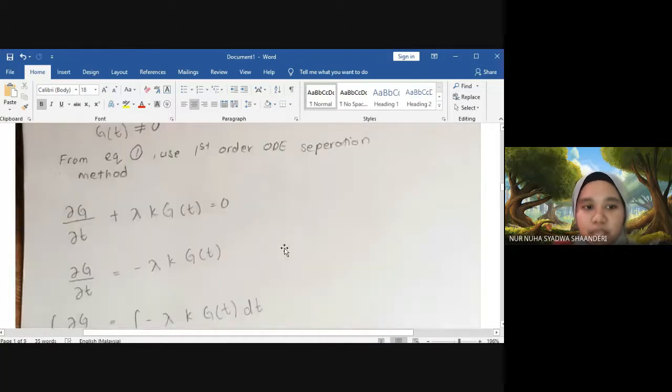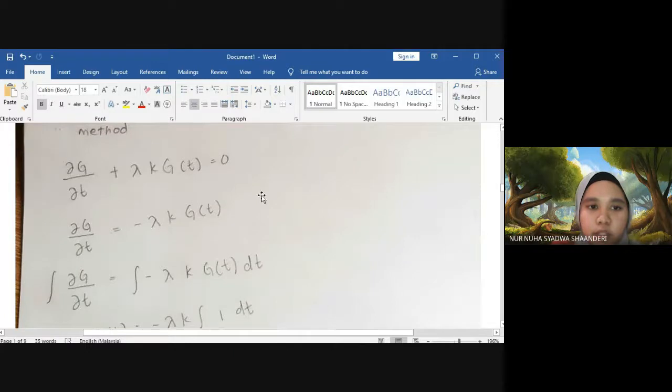And then this is the equation that we get, and from equation 1, we use the first order ODE separation method. So this is the first equation, and we bring this one to the right, and it will become negative.